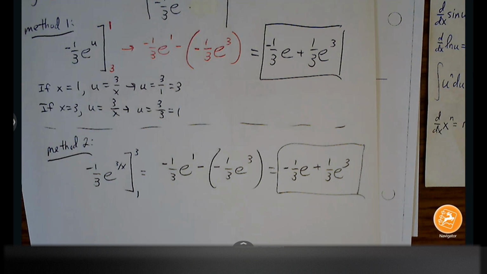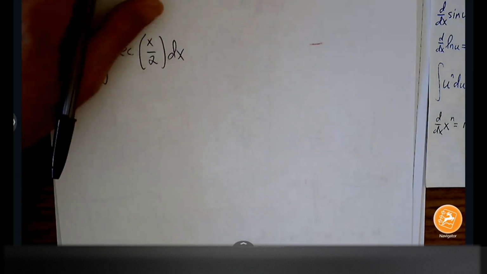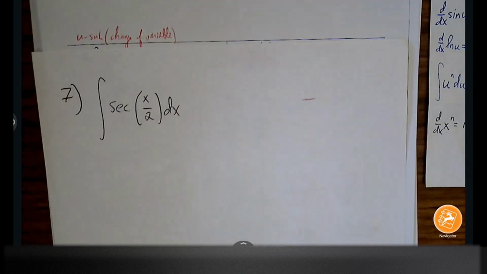Let's do number 7. I think we already said our u value is going to be x over 2. And we already had a match for the rule that we want to use.